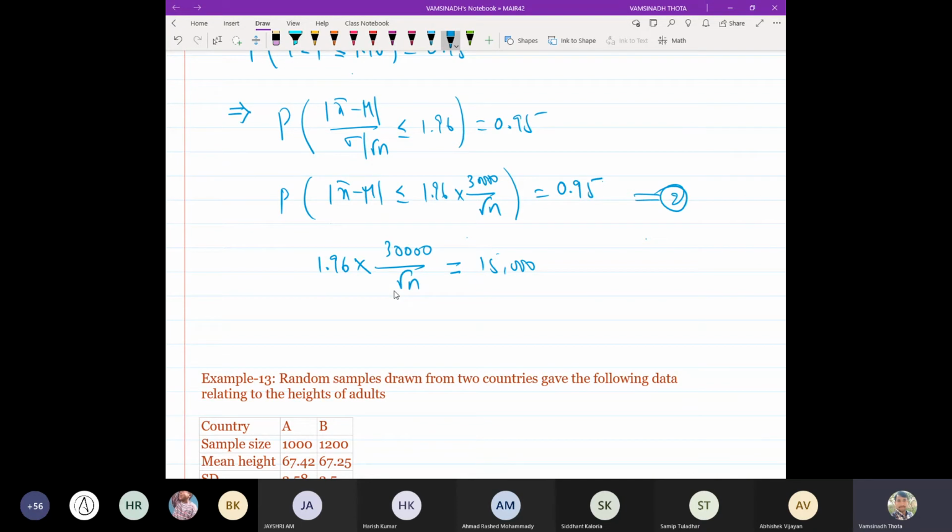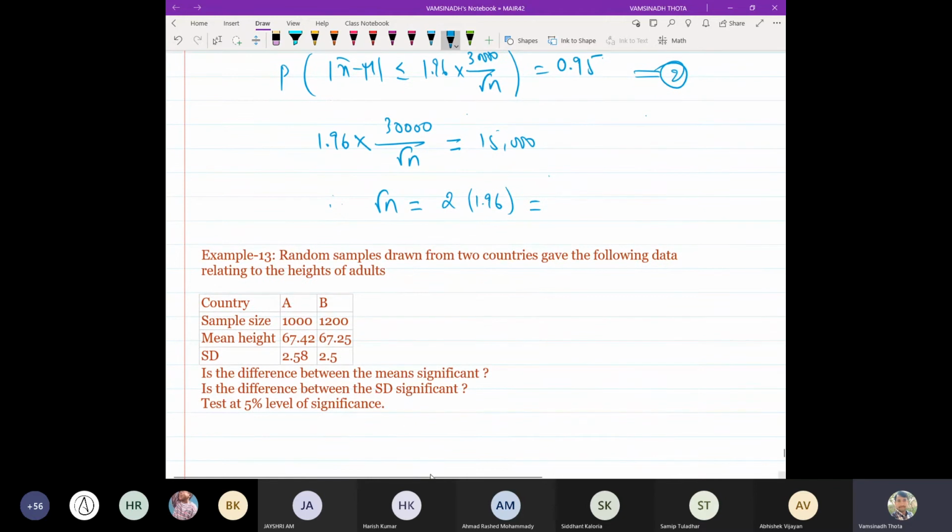Now from this one, the value will be 2 times, and so therefore root n is equal to 2 times 1.96. So 2 times 1.96 means how much? 3.92. Root n should be equal to 3.92.